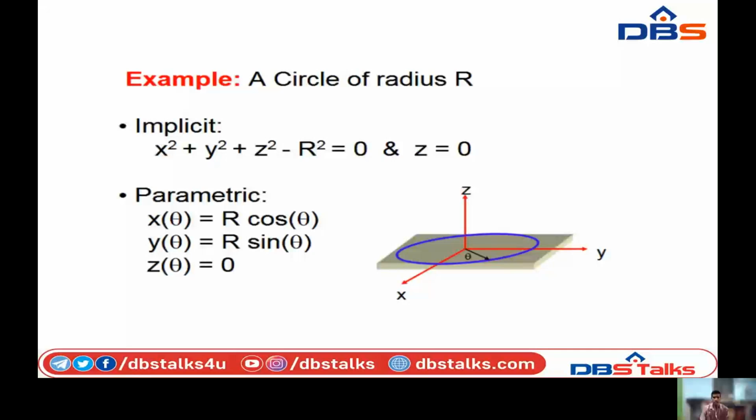In the z direction, z of theta equal to 0. Why? Because in implicit form, I am writing z equal to 0, so in parametric also, z of theta equal to 0.